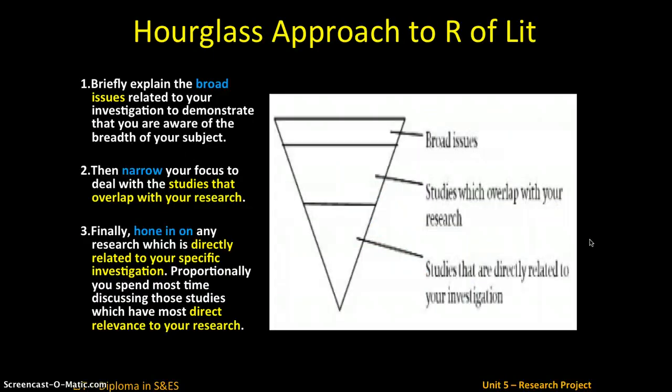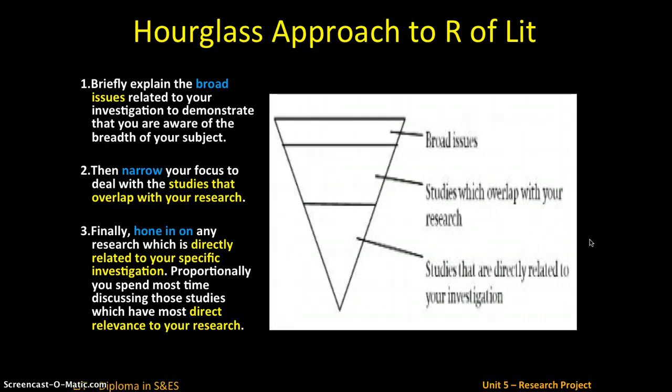So this may be a way of understanding how the review of literature needs to work. So you start again very broad, so you explore general issues and areas of your research topics. You then progressively narrow that research and focus on any studies which are specifically relevant to yours, and the others are then beyond the scope of your research, so you leave them be.